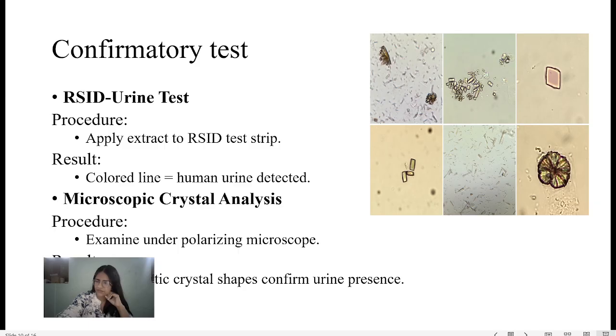So, what is the significance of this test? This is a supportive confirmatory test. Note that it is not as specific as the RSID test, but it can support the other tests, right? Even if we perform the microscopic crystal analysis, we have to perform the RSID urine test also.